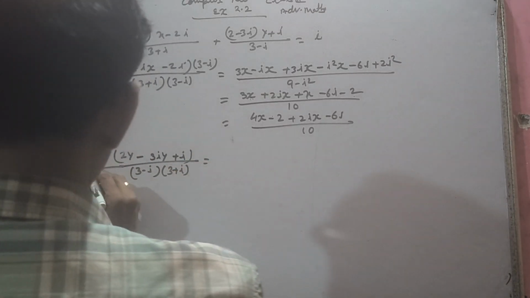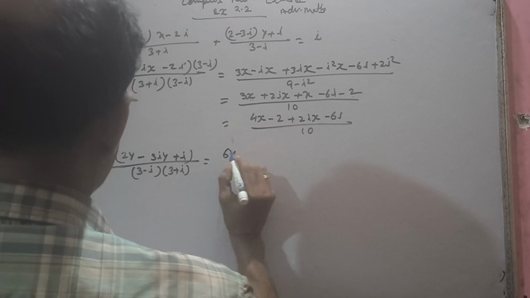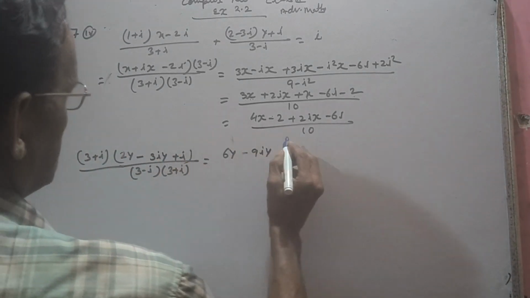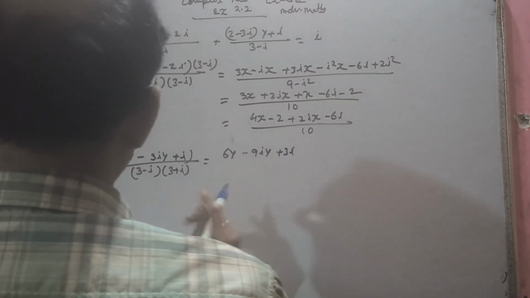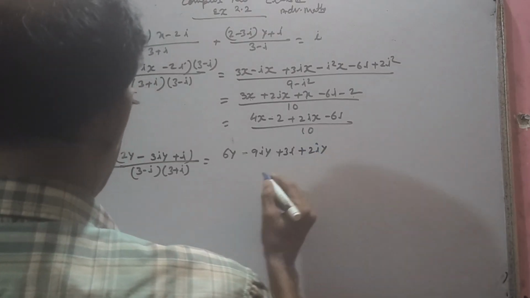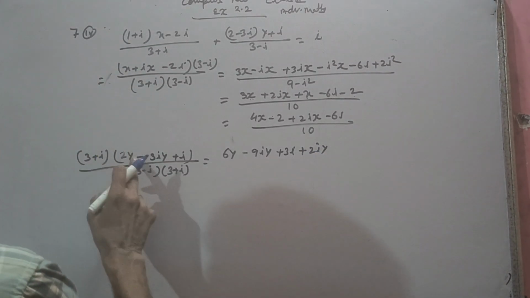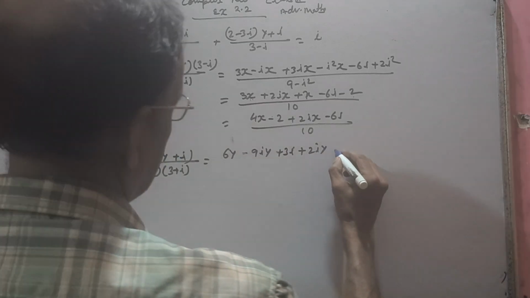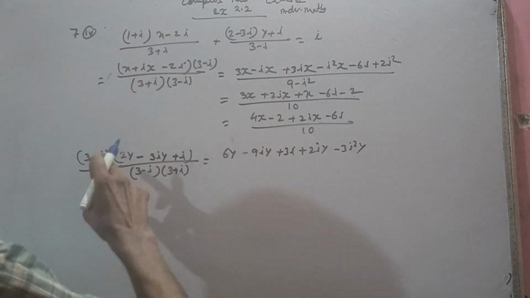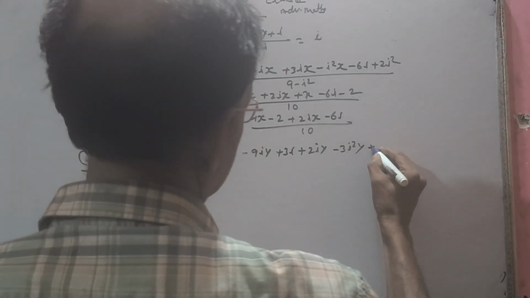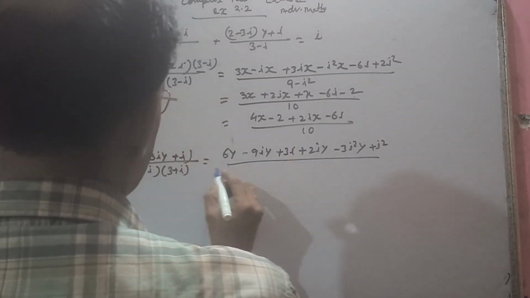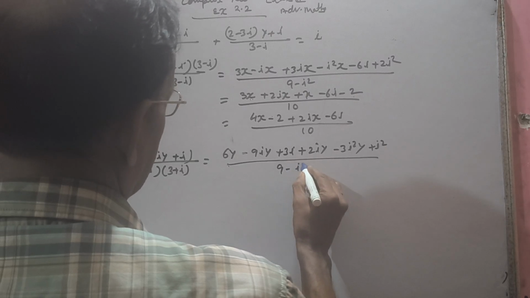Now multiply. 3 times 2y is 6y, minus 3 times 3iy is 9iy, plus 3i, then plus twice iy plus twice i squared y, and minus 3i squared y, and plus i squared, by again (a plus b)(a minus b) equals a squared minus b squared.